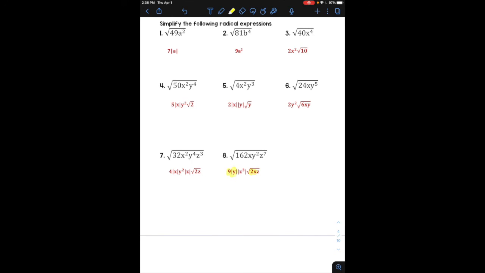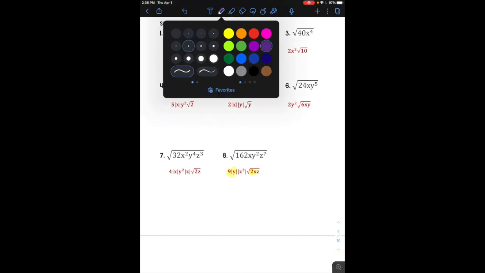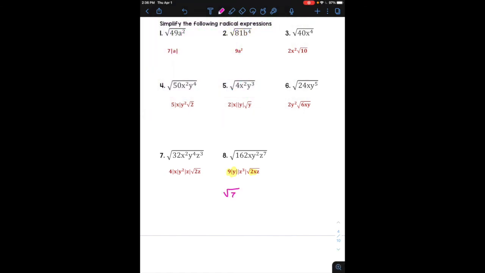And to simplify the square root of z to the 7th, the biggest perfect square that would go into z to the 7th is z to the 6th times z. The square root of z to the 6th is the absolute value of z cubed. We took the square root of an even exponent, in which the result was an odd exponent, root z. Therefore, in our final answer, we have the absolute value of z cubed on the outside and z still inside the radical.